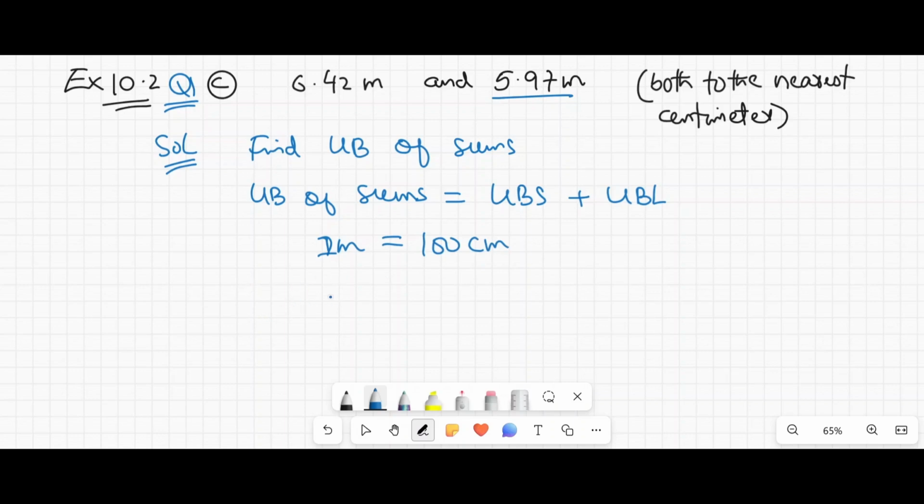So 6.42 will become 642 centimeters, and 5.97 times 100 you will get 597 centimeters. So this is our step number 1, converting the units.